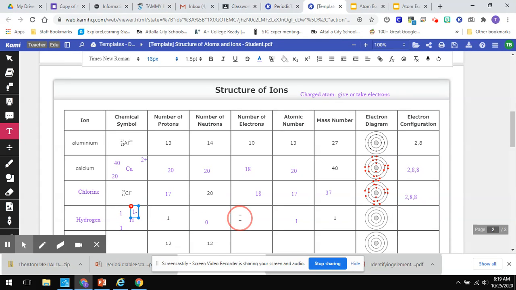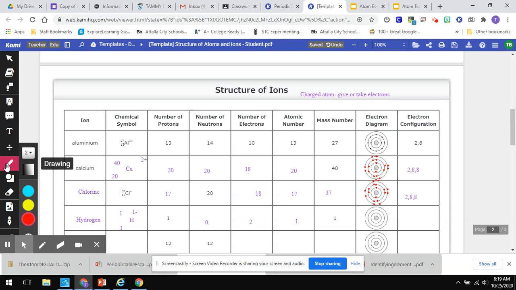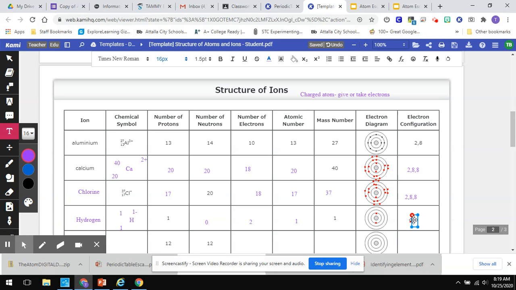With a minus charge, remember that means it took an electron, because you're doing the opposite of what the charge is. So that means you're going to have added an electron to it. So it'll have 1 more electron than it does proton. So its electron diagram is going to look like this, and it's going to have 2 on it. So then that means that its electron configuration would be 2.